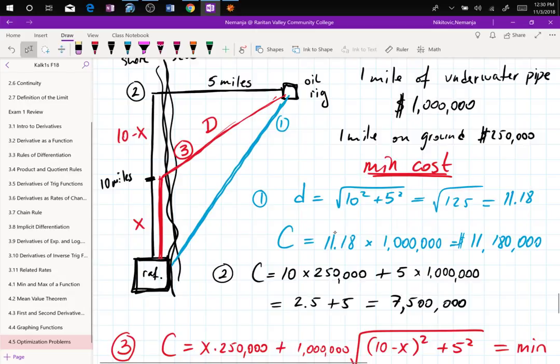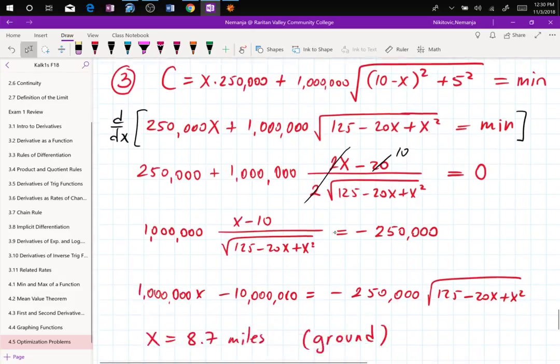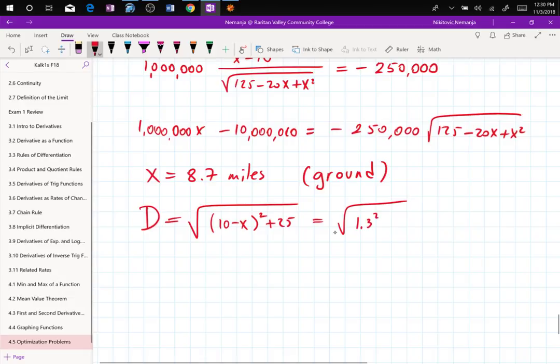And then my distance formula, which was this 10 minus x squared plus 25, is going to give me the underground part. Oops, the square is on the wrong spot. So this is 1.3 squared plus 25.